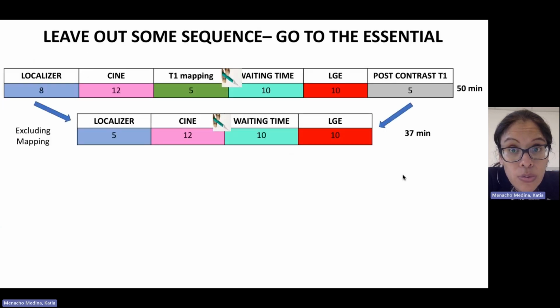So leaving out some sequences and trying to focus on the essential was one of the most important principles for running rapid cardiac MRI. And as you can see from this number of sequences that we can run for a cardiomyopathy protocol that usually lasts 50 minutes, we can make it shorter, just focusing on the most essential.